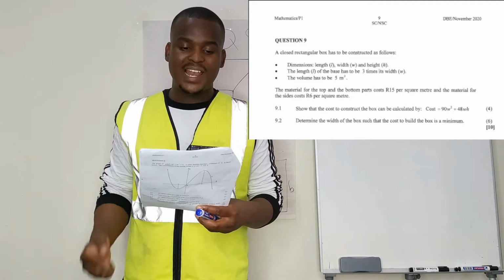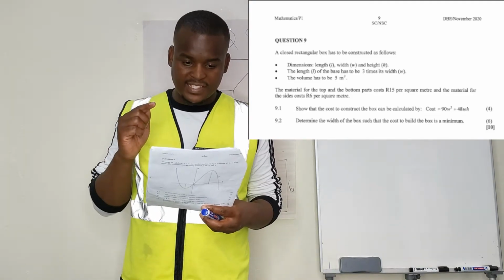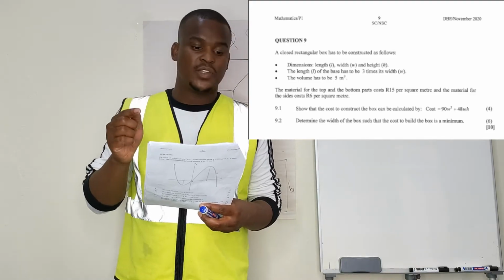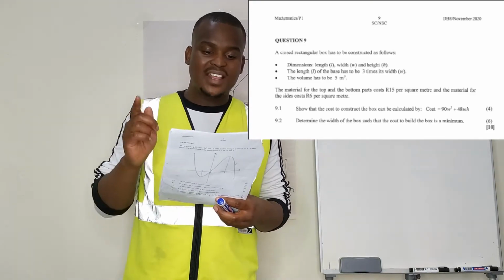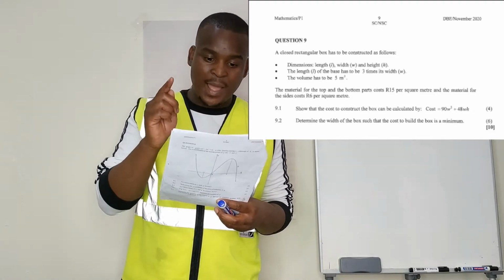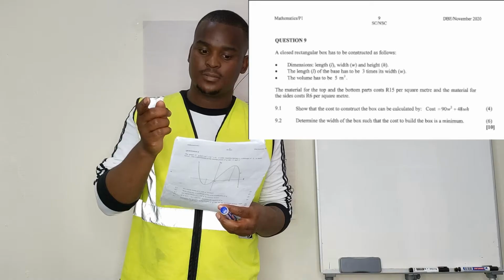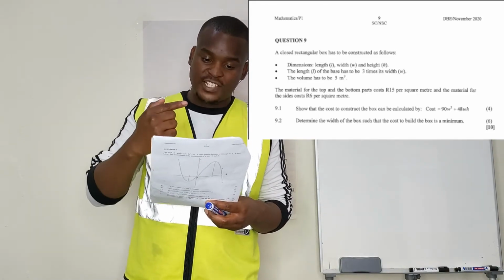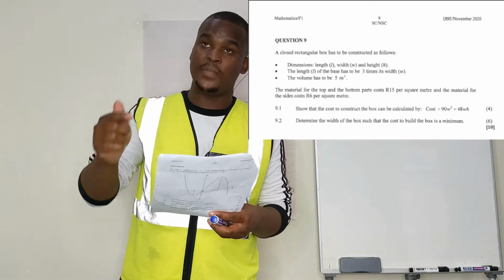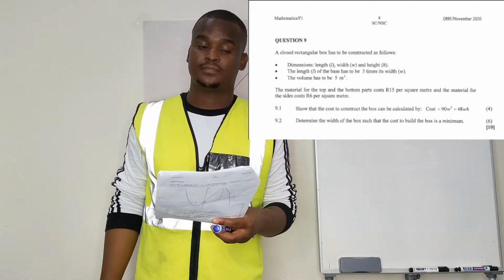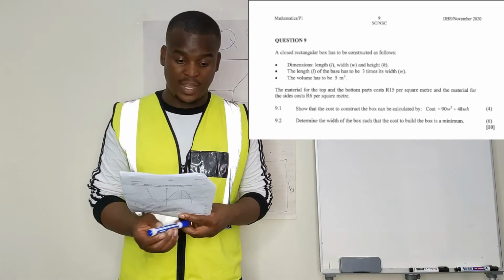Second point, the length L of the base has to be 3 times its width, and the volume of this box has to be 5 cubic meters.